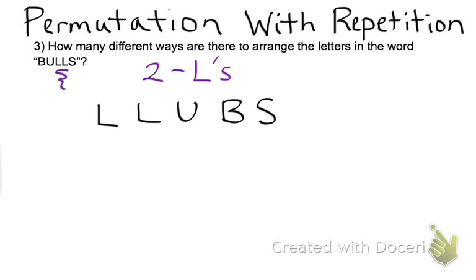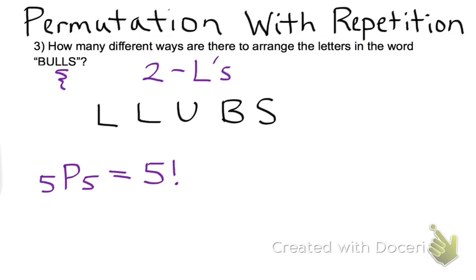So in order to solve this problem, since there's 5 letters in the word bowls, I'm going to start off doing 5 permutate 5. So I'm going to think of this as a problem where there are no duplicate letters. 5 permutate 5 is the same thing as 5 factorial.